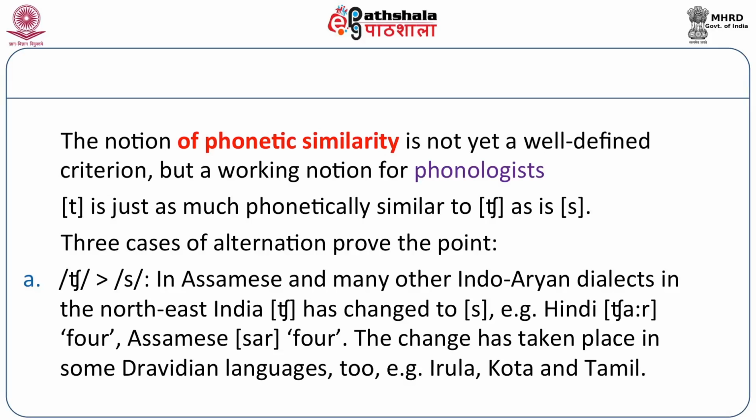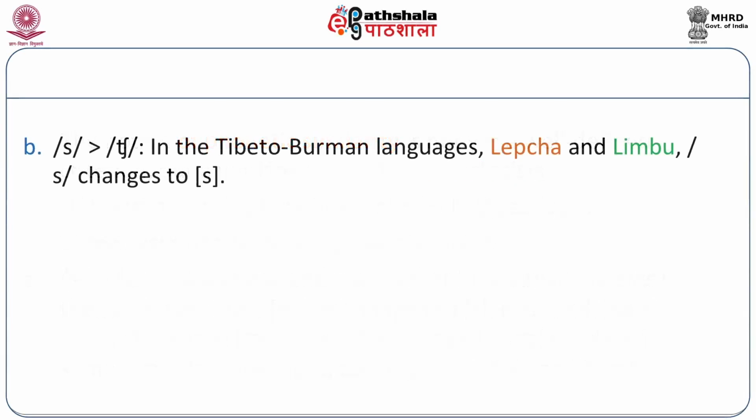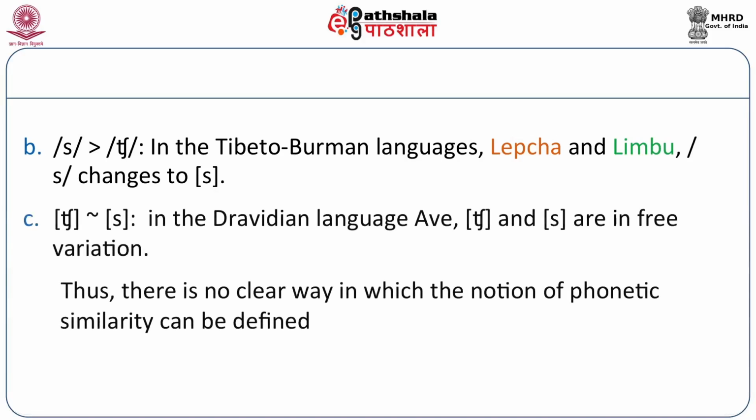For example, in Assamese, we have a general change taking place. The sound ch, which is found in other Indo-Aryan languages, has changed to sh. Thus, sh and ch are phonetically close to each other. In some languages, such as Awe, it is sh which becomes ch, the opposite of the process in Assamese. Thus, the notion of phonetic similarity does not seem to be very well defined.